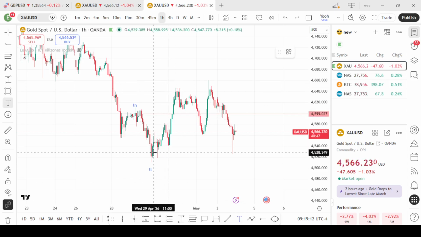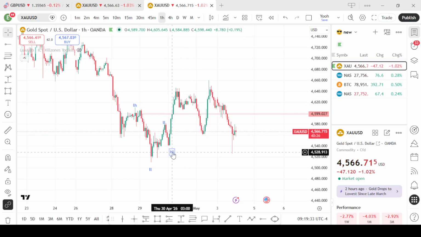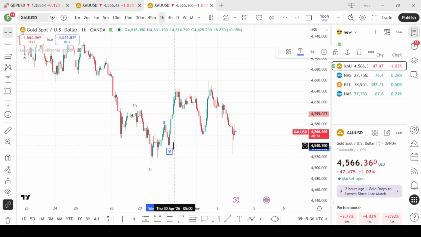We even made a high, this is our higher low, no, this is our lower low because it's lower than this one. But instead of making another lower low, it made a lower high, which indicates that the trend might be in a correction phase on the daily, right?